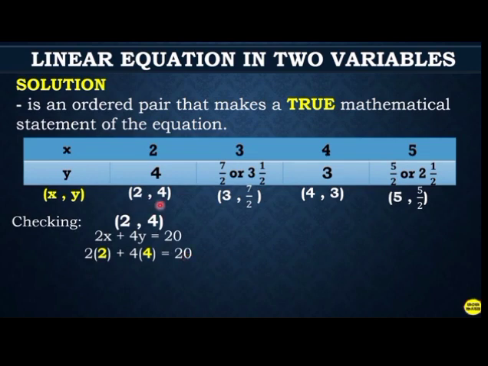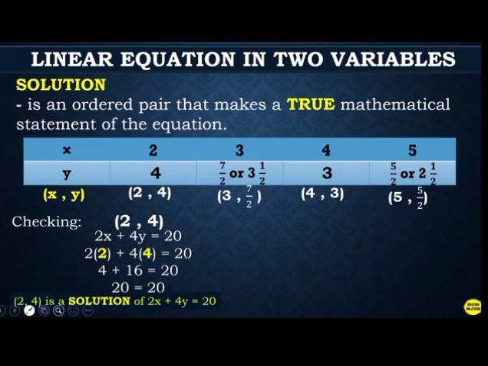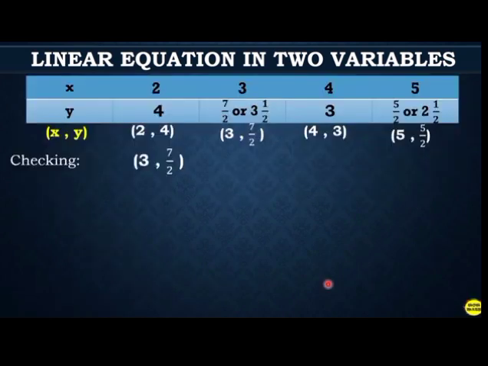So we get 4 plus 16 equals 20. So 20 equals 20. So 2 and 4 is a solution of 2x plus 4y equals 20.